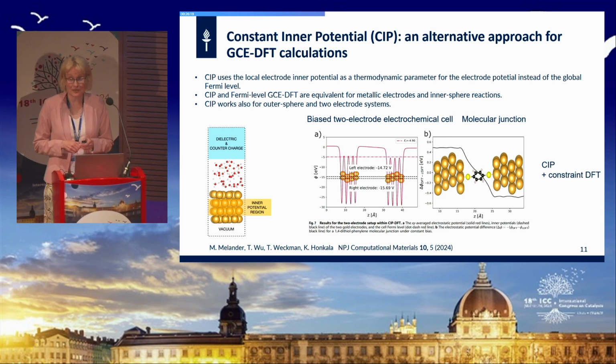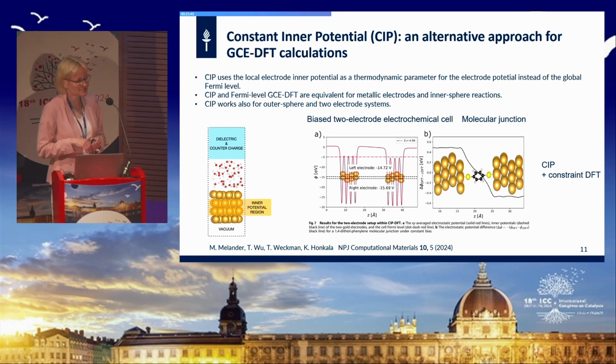We have recently developed an alternative approach to carry out the grand canonical ensemble DFT calculations. Mainly, this work has been carried out by junior group leader Marco Melander at our university and department. The constant inner potential approach uses the local electrode inner potential as the thermodynamic parameter for the electrode potential instead of the global Fermi level. So we use the electrostatic potential of the material.